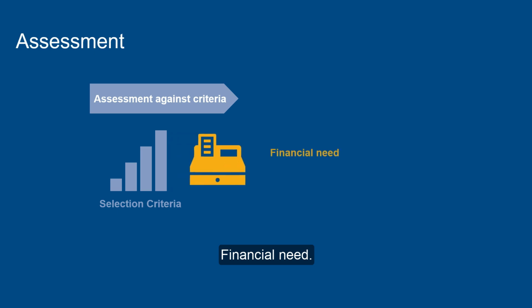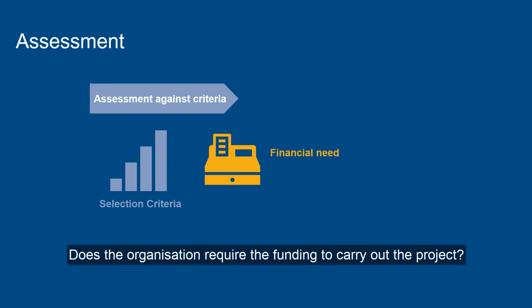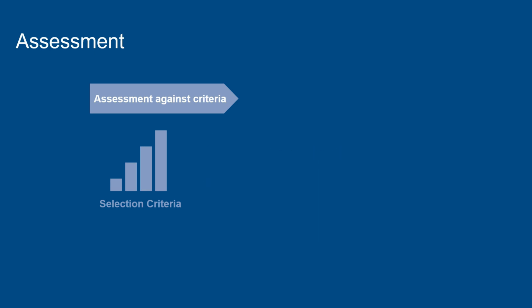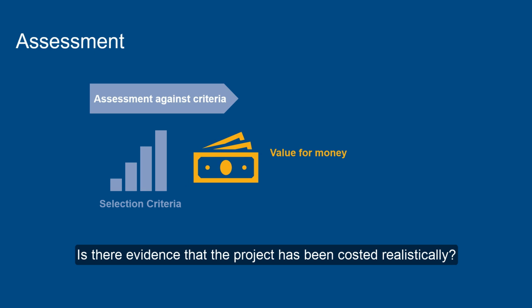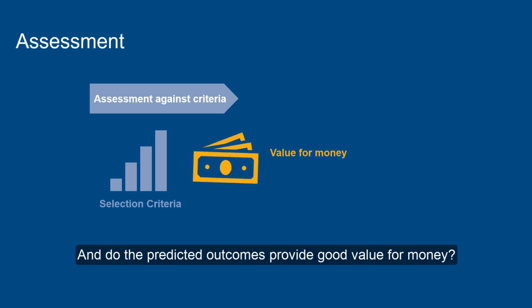Financial need. Does the organization require the funding to carry out the project? And value for money. Is there evidence that the project has been costed realistically? And do the predicted outcomes provide good value for money?